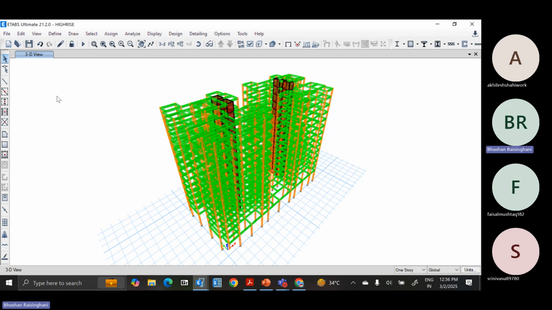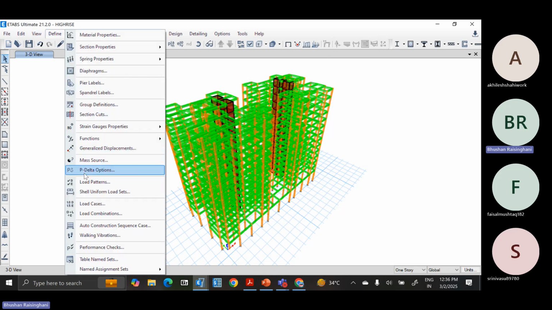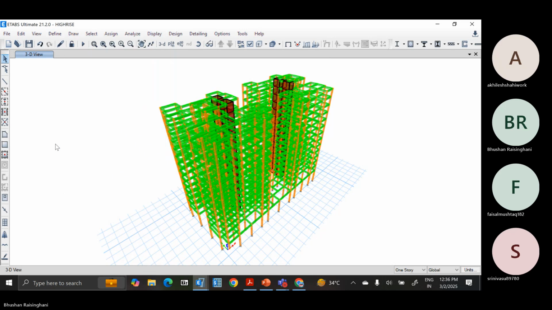So what you have to do is make a building, and first do the analysis without P delta. So you don't define this option P delta. Find out the displacement, base shear, and story drift in Excel, and then you do the analysis in ETABS with P delta.